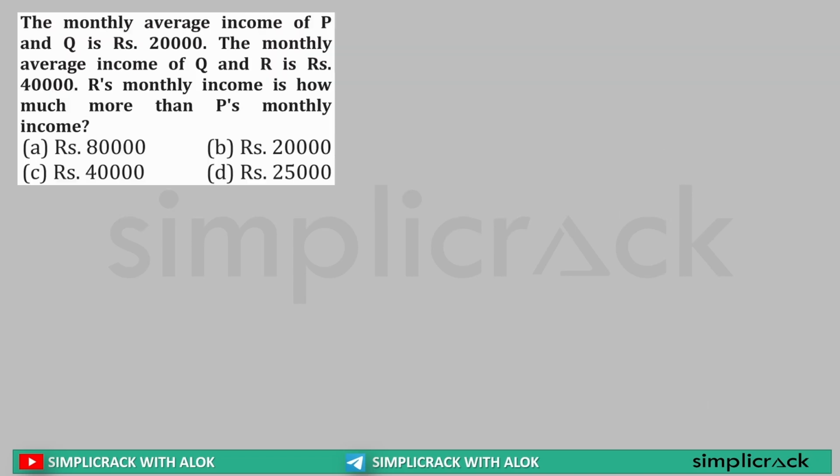Okay. Now next. Sir, the monthly average income of P and Q is 20,000. What is it saying? The average income of P and Q. That means what? Income of P plus income of Q divided by 2. Yes or no? Yes. Now this is equal to 20,000.